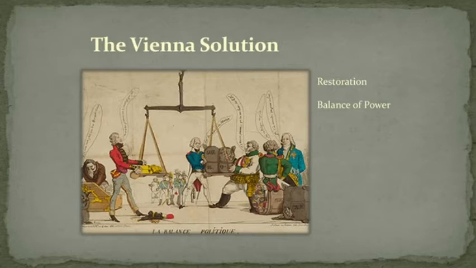Experience had shown that when one nation was so much stronger than its neighbors, that nation tended to abuse its power. Traditionally, that nation had been France. Now, especially after the defeat of Napoleon, many feared that Russia was going to become the new disruptive power.